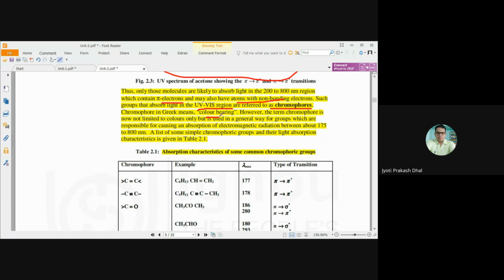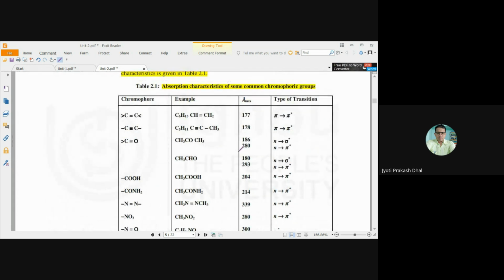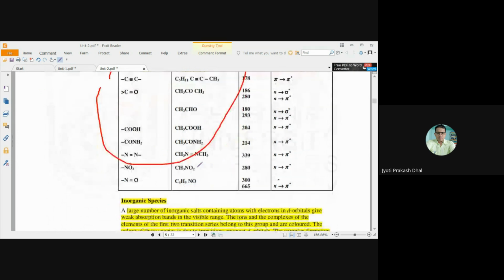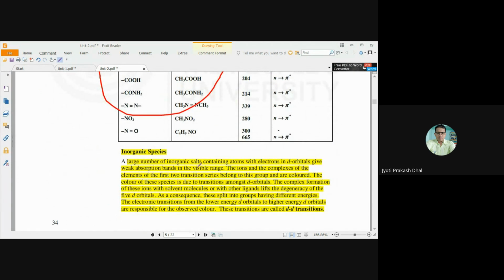However, the term chromophore is now not limited to color, but in a general way refers to groups responsible for causing absorption of electromagnetic radiation between 175 to 800 nanometer. Here there are some different chromophores in particular examples, due to which the lambda max, the position of wavelength absorption, will be increased.